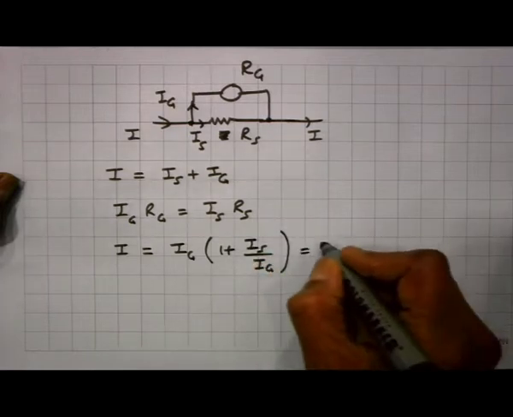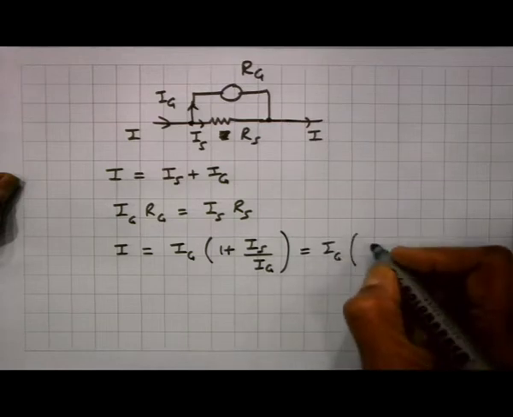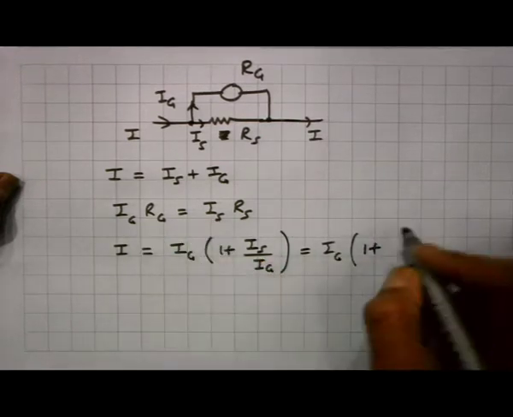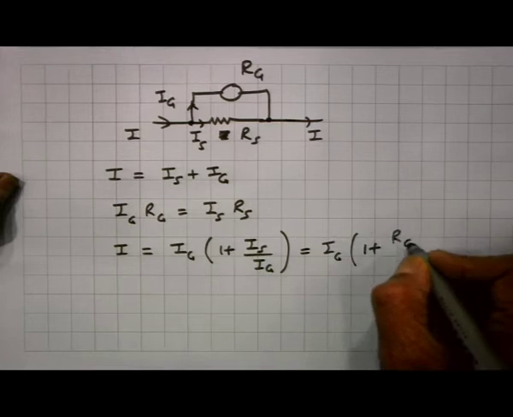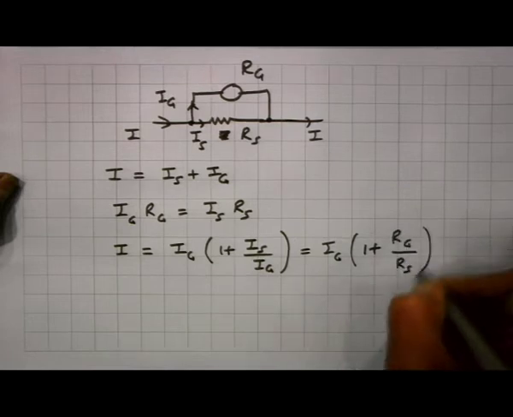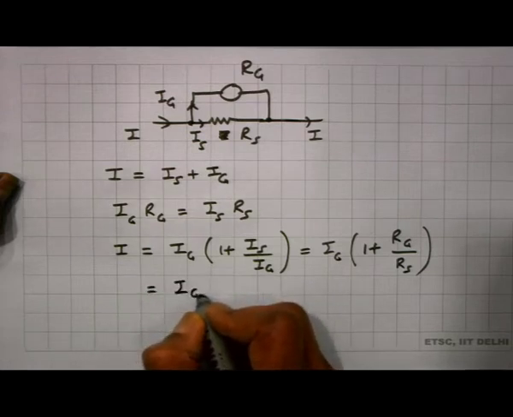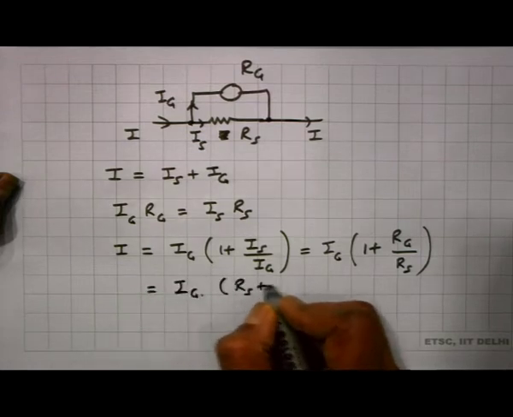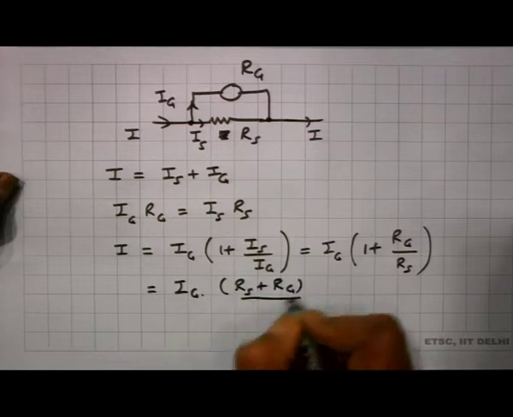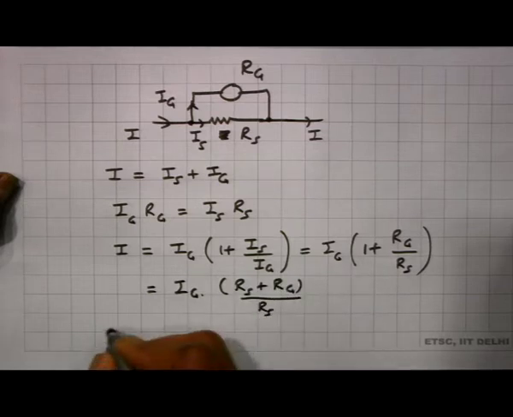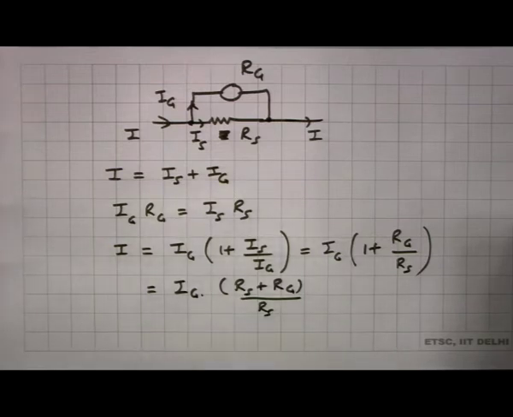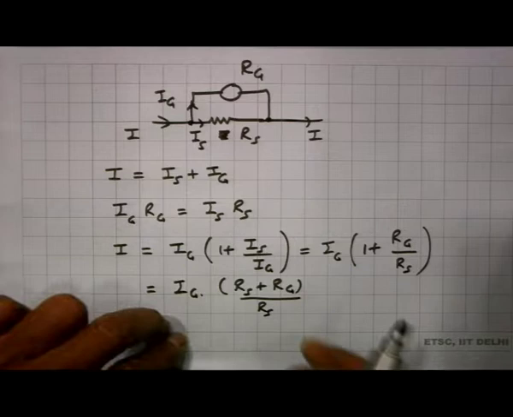which is equal to Ig into 1 plus, now Is by Ig from here is Rg by Rs. So, this gives me Ig into Rs plus Rg by Rs. Now I can simplify this equation further and I get an expression for Rs.